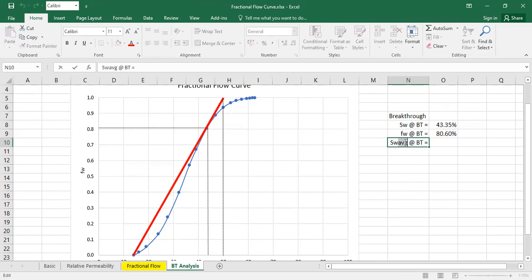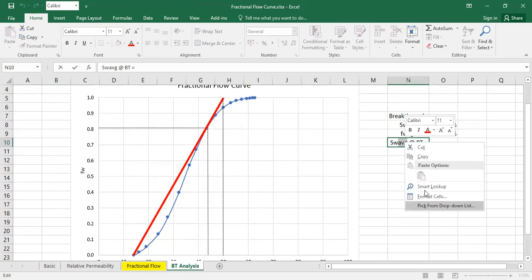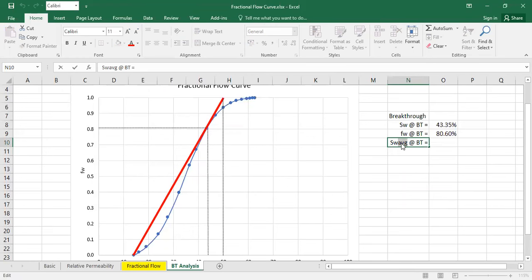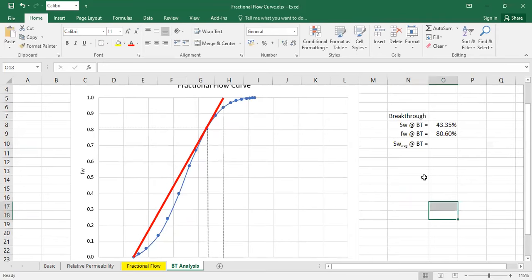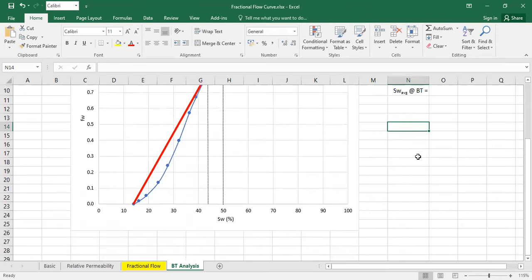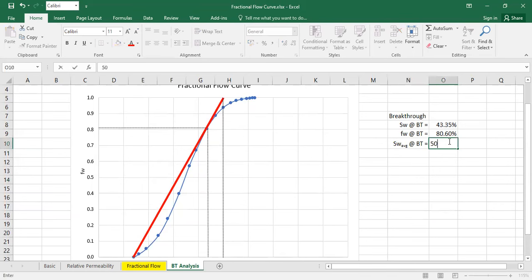Just right click, format cell, and make it subscript. Just read the chart, it's 50%. So here you go, we have the result using the very simple approach, just making a line like that.